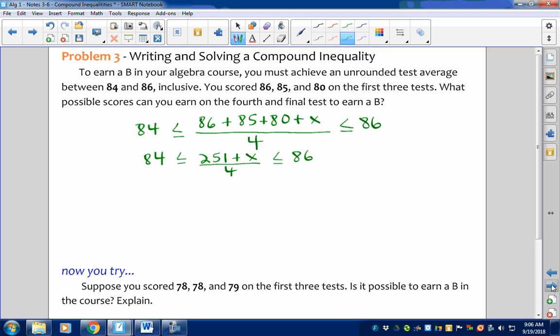So first step, going back to our equation solving, we want to get rid of this 4 on the bottom. So we're going to multiply each piece here, the 84 by 4, the 251 plus x over 4 by 4, and the 86 by 4.